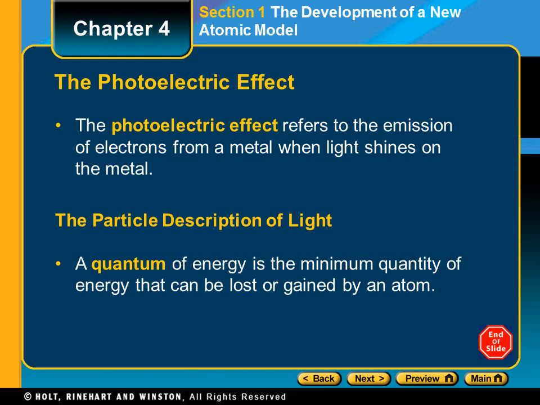Okay, so describing light in terms of particle properties brings us to a discussion of quantum. A quantum of energy is the minimum quantity of energy that can be lost or gained by an atom. So this is a pretty specific definition here, guys. A quantum of energy is the minimum quantity of energy that can be lost or gained by an atom.